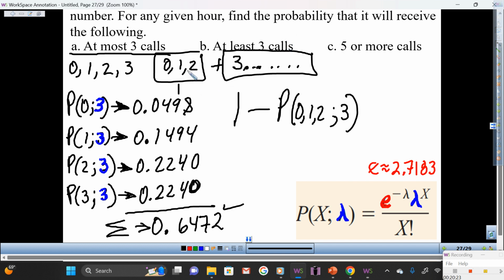So, does that make sense, guys? P of 0, 1, and 2. Do we have that work already? Yeah, it's here, here, and here. Who can give me that?